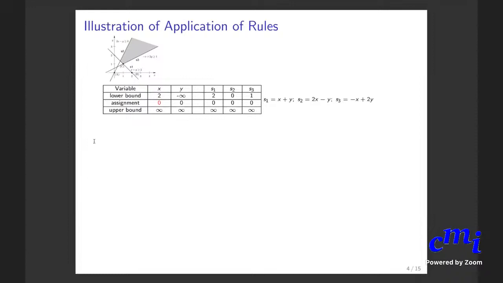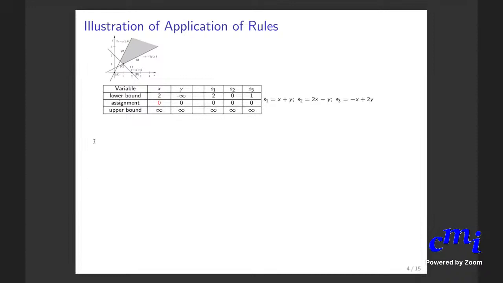Now what simplex does is it goes through a sequence of pivot and update operations. It splits the set of all variables into basic and non-basic. To begin with, all the slack variables are the basic variables, and this is basic and this is non-basic.